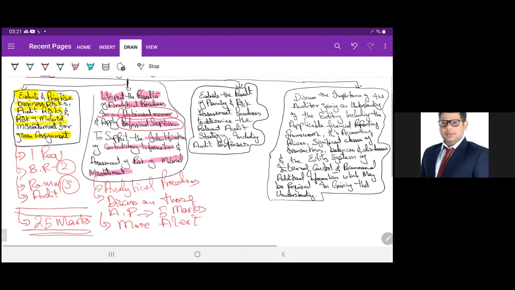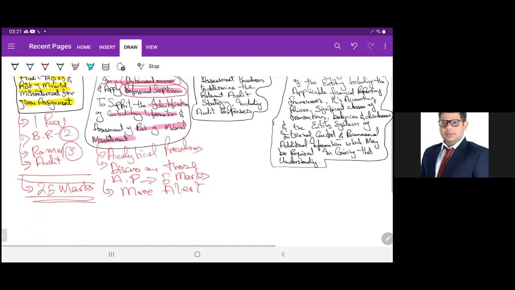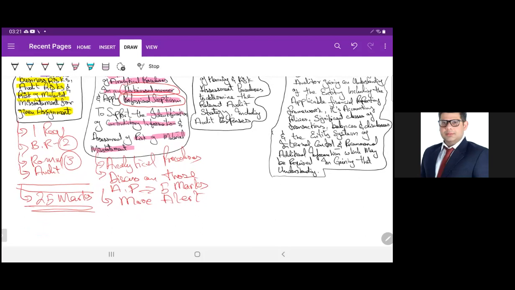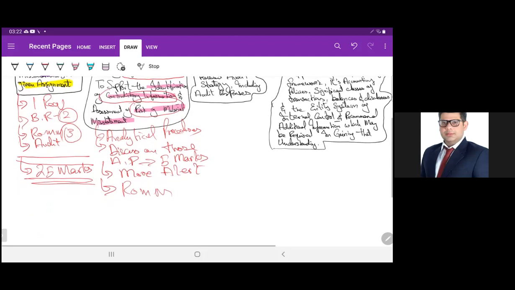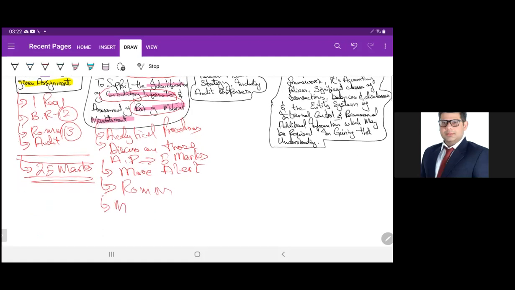And to support the identification of contradictory information and assessment of risk of material misstatement. And then simply you have to discuss on the risk of material misstatement. That is, you have to compute the materialities, you have to discuss on the materialities, you have to discuss on the treatments, accounting treatments, right?